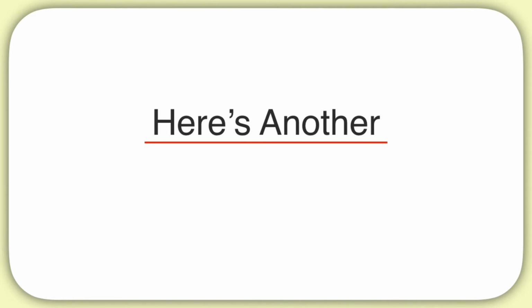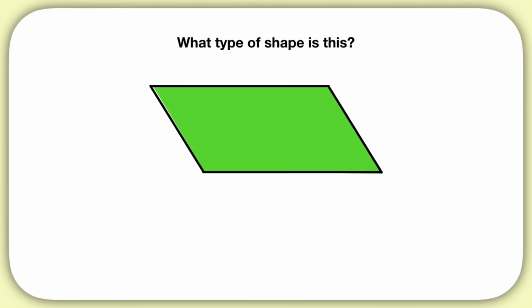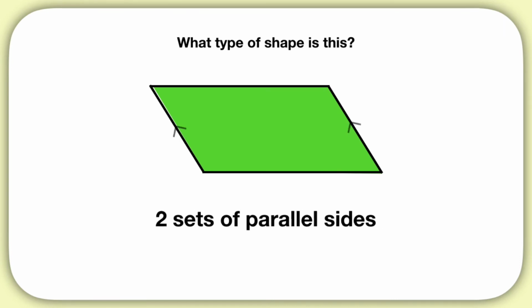Here's another problem to practice. What type of shape is this? Well, how many sets of parallel sides does this shape have? This shape has 2 sets of parallel sides, here and here. Does this shape have right angles? No, this shape has no right angles.